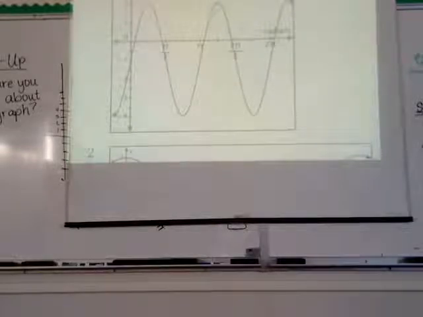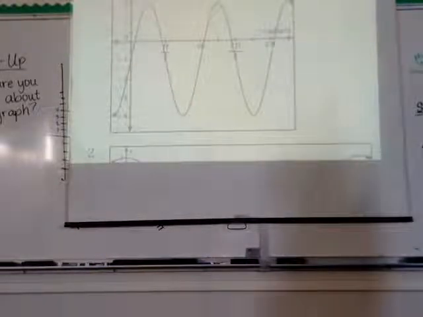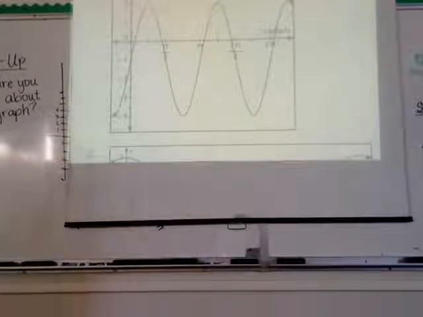Yeah, so it would be y equal to 3 sine 2x minus 1. You're right. The amplitude is 3 times the sine of 2x, and minus 1 is on the outside. You're correct. Thank you for solving that for us. That was my error.